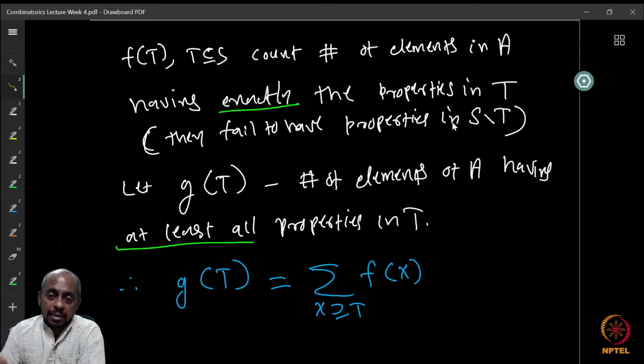So if you are not convinced, go back and think about it, look at some example and see whether it is precisely the same thing.